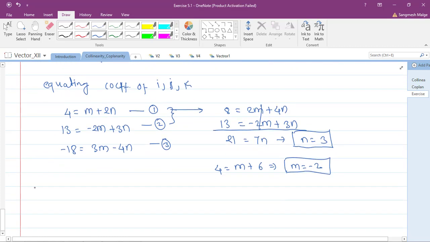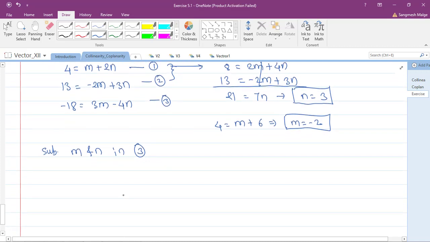Now substitute m and n in equation 3, and if it satisfies, then we say the linear combination exists. So minus 18 equals 3 into minus 2 minus 4 into 3, which is minus 6 minus 12, which equals minus 18. So minus 18 equals minus 18.